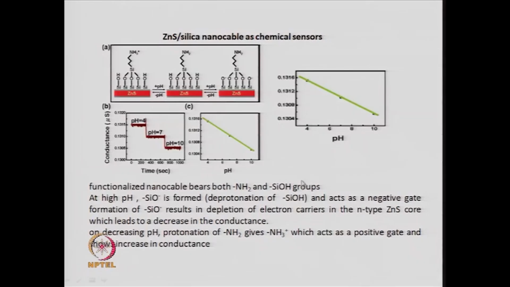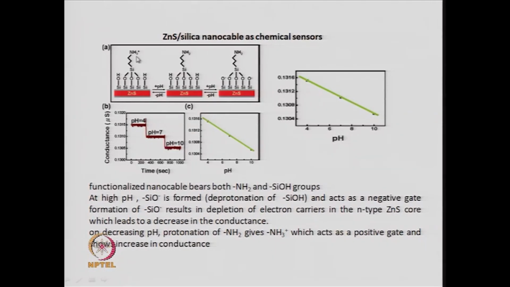Now, this is another example of a zinc sulphide silica nanocable as a chemical sensor. You have this zinc sulphide core, on top you have this silica surface with silicon and oxygen bonds, and on top of this you have a functionalized molecule with an ammonium ion.